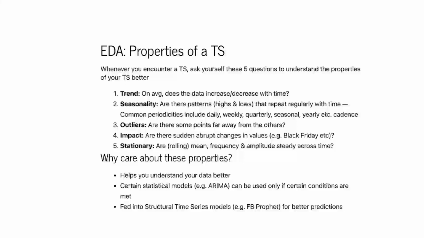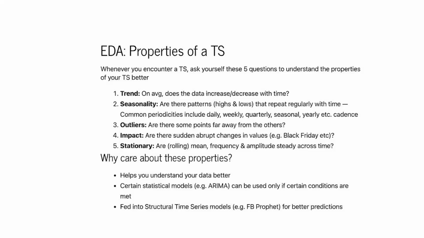There are 5 distinct characteristics or properties of a time series that you need to care about. The first is trend. A time series with a positive trend will see its average value increase with time, and a time series with a negative trend will similarly see its average value decrease with time. Second is seasonality, whether patterns occur regularly over time. Third is outliers, and we have seen this before in pandas, numpy, and the initial machine learning topics.